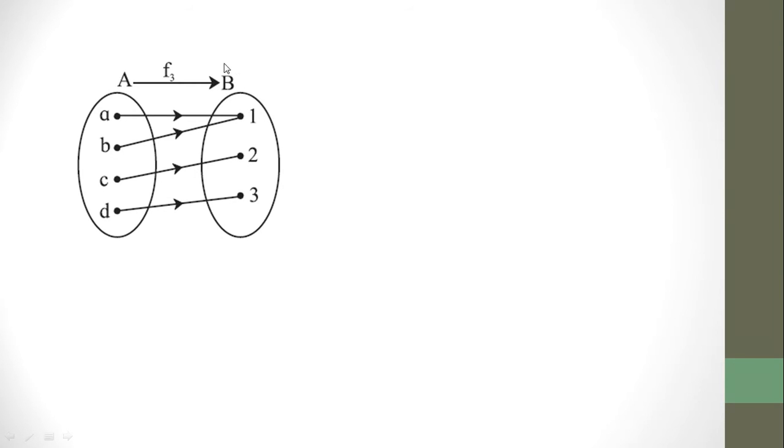See the set B. In set B there are 3 elements and all 3 elements are images of some elements in A. 1 is the image of A and B, 2 is the image of C, and 3 is the image of D. So by definition, f3 is an onto function, but it is not one-one.